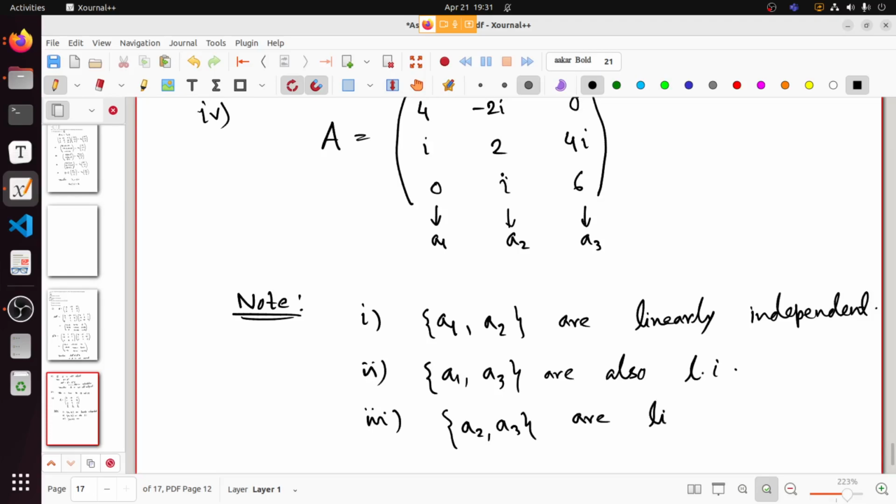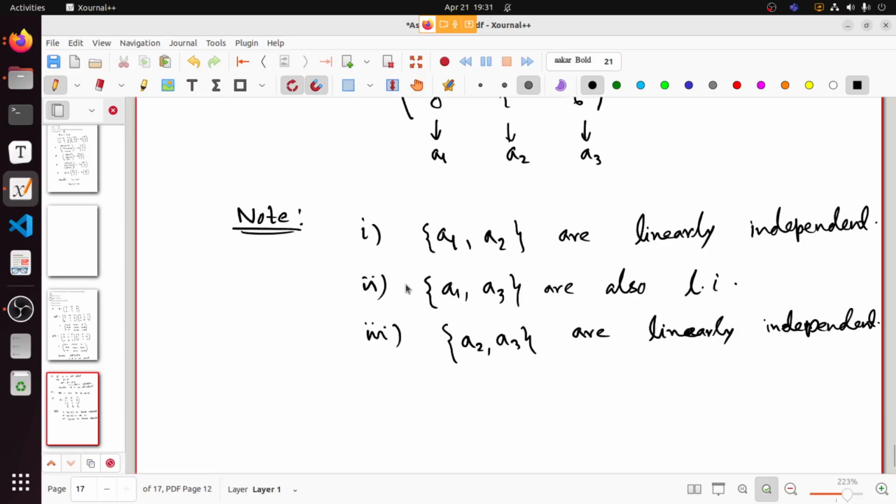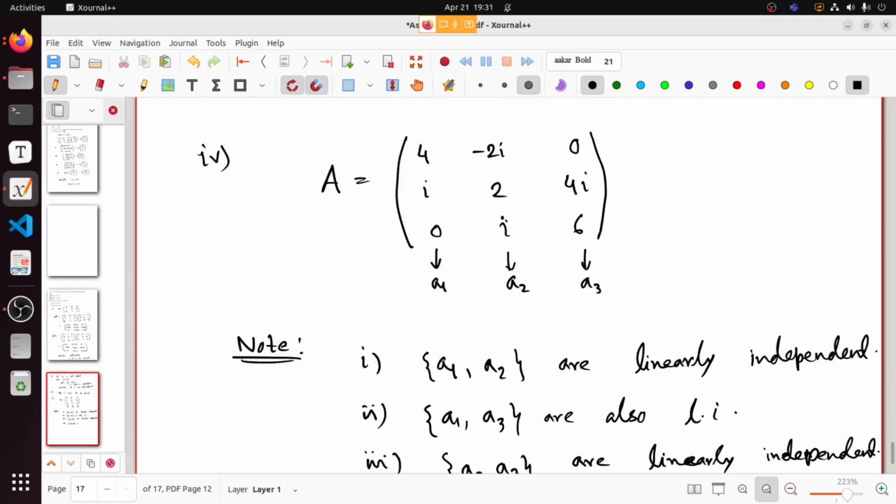So therefore A2, A3 are linearly independent. And note that all three together are also linearly independent: A1, A2, A3 are linearly independent because A1 has 0, here it is non-zero, and A3 here is 0.